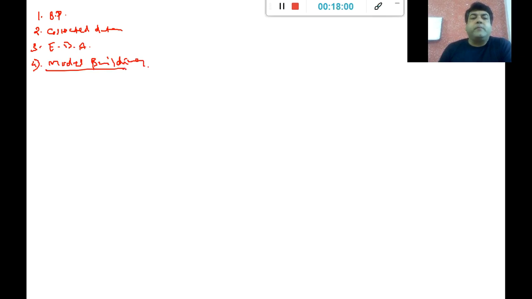Now when we build a model, there are some measurements or parameters rather, right? There are some model parameters which we have to check, okay? And so we build one model which is maybe at a very basic level or normal.